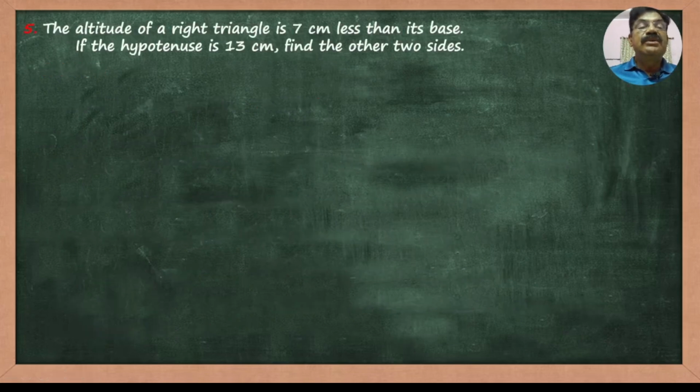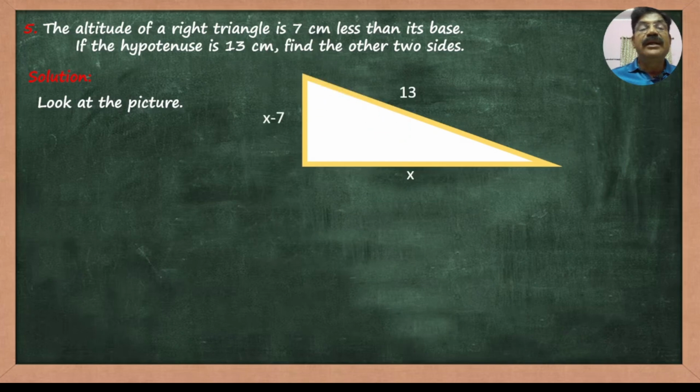Fifth problem. The altitude of a triangle is 7 cm less than its base. If the hypotenuse is 13 cm, find the other two sides. Read the problem carefully. Now you look at this picture. So if I take x as the base, then the altitude is 7 less than the base.